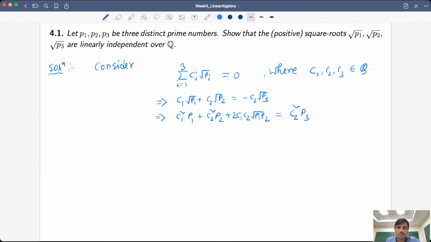Now if you arrange this, take all the rational things on one side and keep the irrational part on the other side.